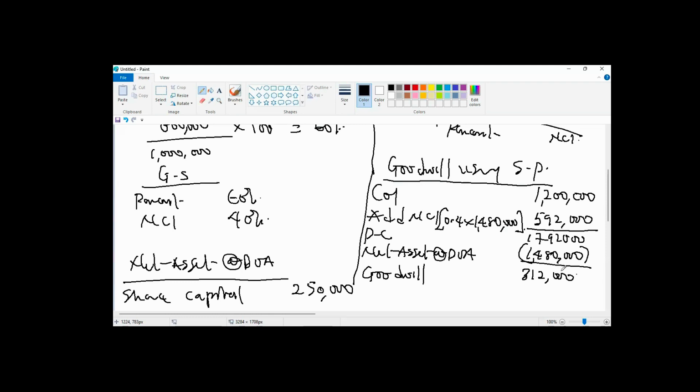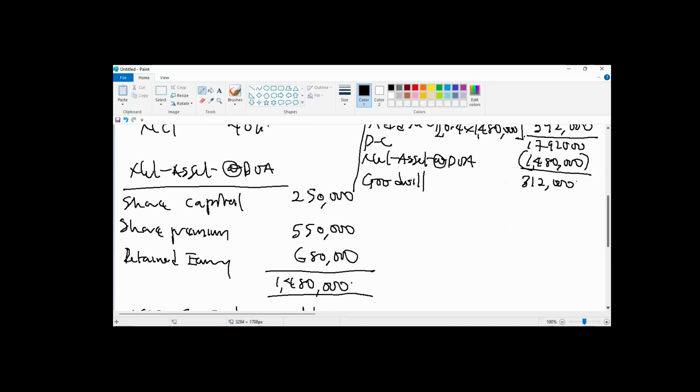Don't forget the goodwill derived when SCI is valued as share proportionate. The goodwill belongs to who? Parents only. Now the shorter method of share proportionate: cost of investment 1.2.